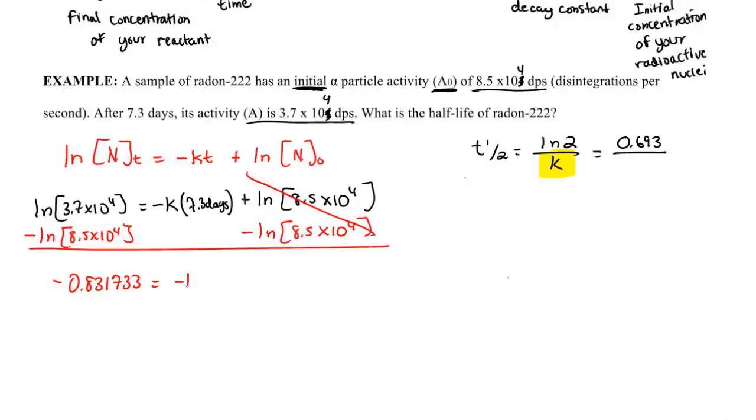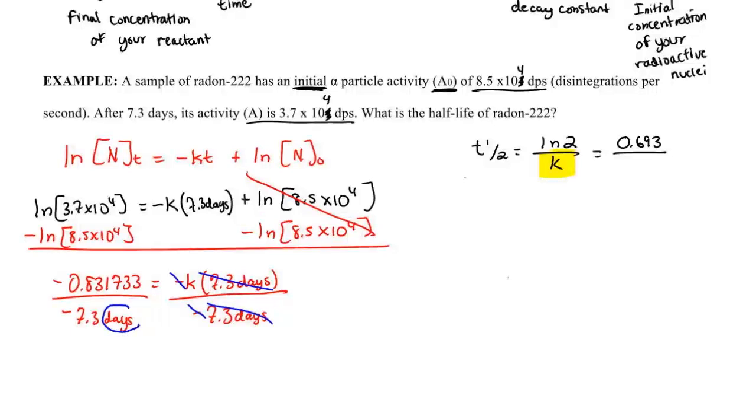And that equals negative k times 7.3 days. Next, we want to just isolate k by itself. So we're going to divide out negative 7.3 days from both sides here. Okay. So the negative gets canceled out, and the 7.3 days gets canceled out.